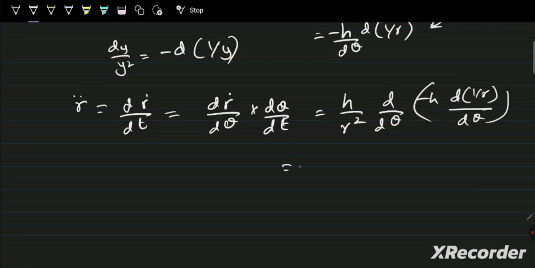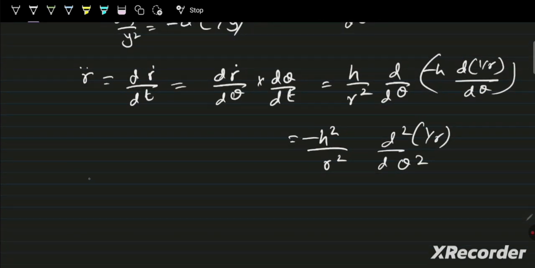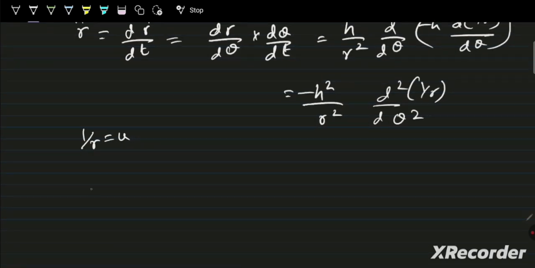We can write it as minus h square by r square d2 of 1 by r by d theta 2. In this case, we'll assume 1 by r to be equal to u. So I can say r double dot is equal to minus h square u square d2u by d theta 2.